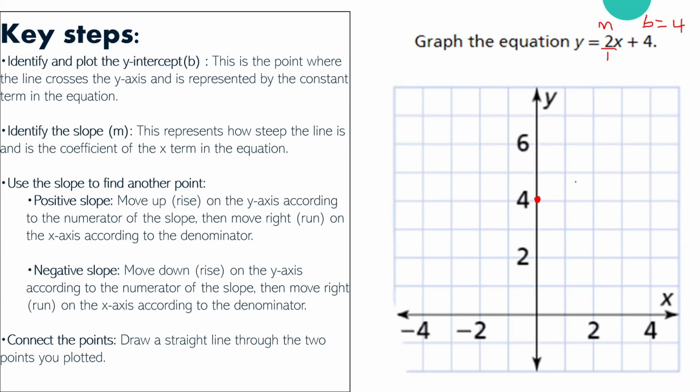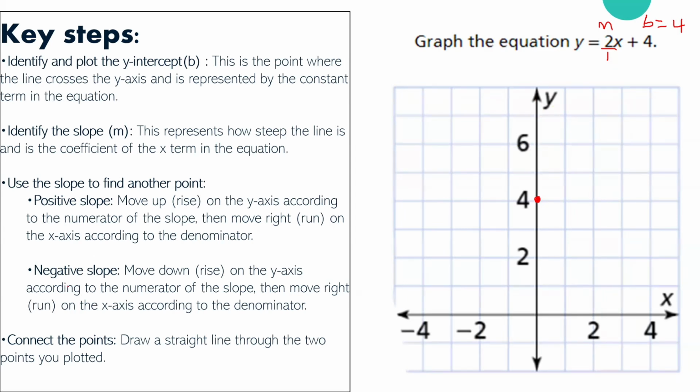Looking at the slope, our numerator is positive and also our denominator is positive, meaning that we are going to rise on our y-axis, and we are going to run to the right, horizontally on our x.